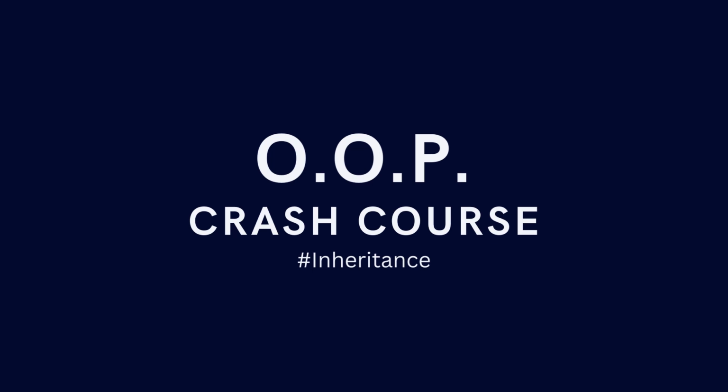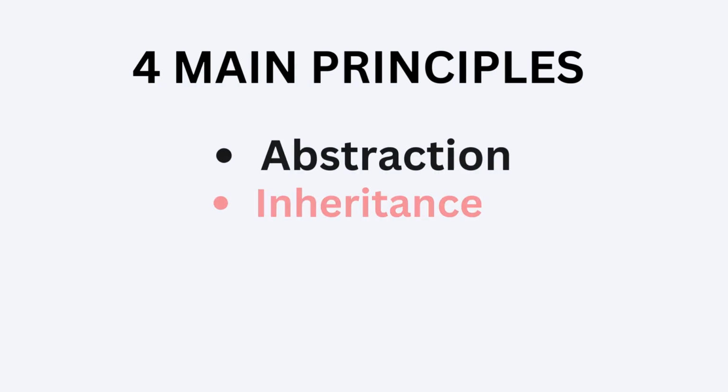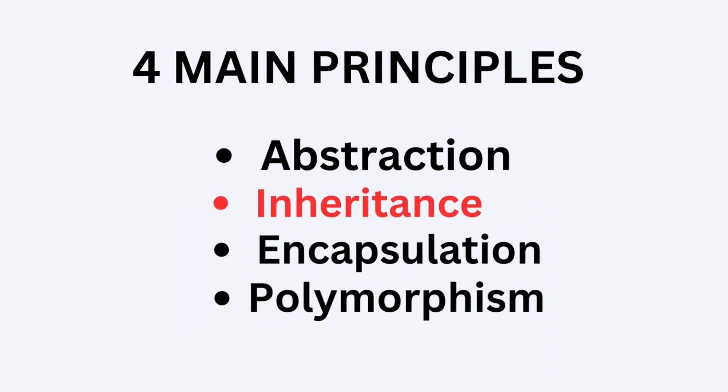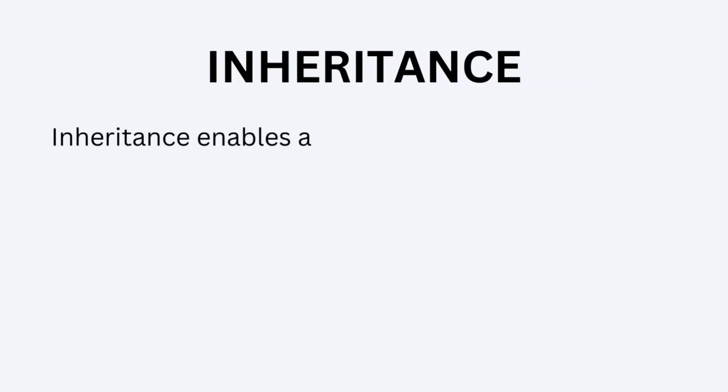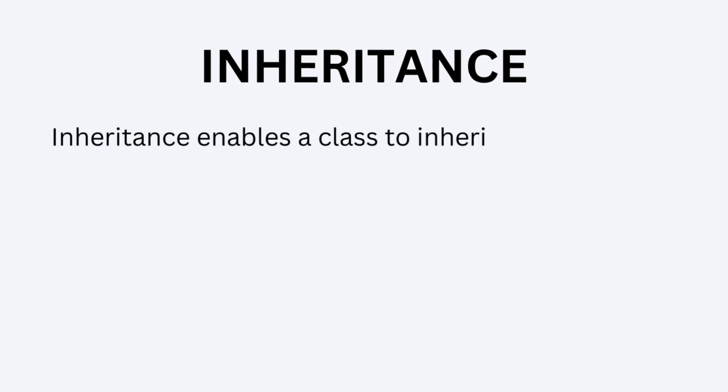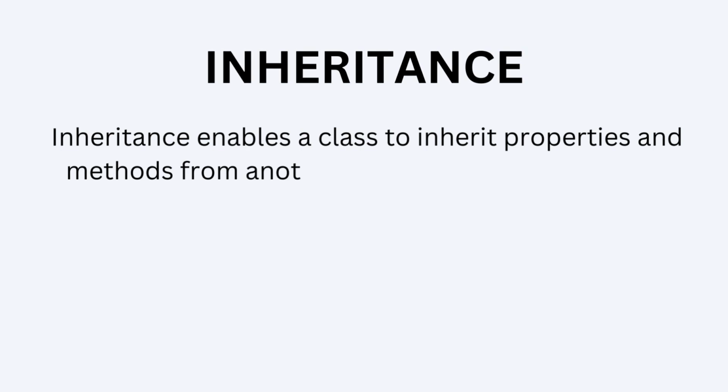We will look through inheritance, what it means. Does it mean accepting any legacy? Well, let's see. As we know, it is another concept or principle of OOP, and it says inheritance enables a class to inherit properties and methods from another class.